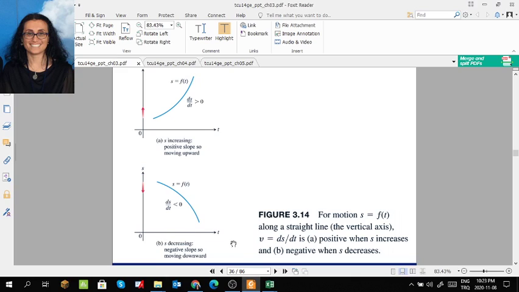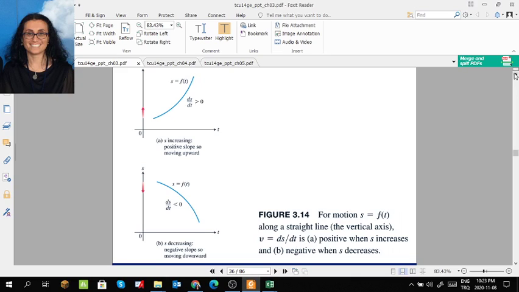And we know the derivative of s with respect to t is going to give us the velocity, and as you would know, ds/dt is the derivative of this graph at the specific time t.